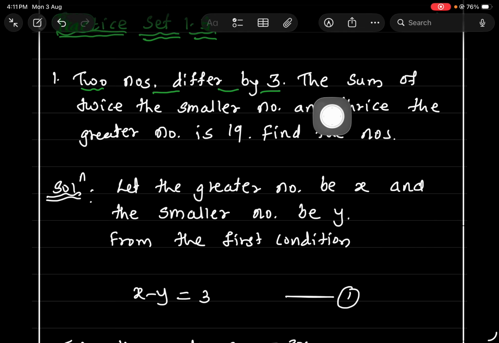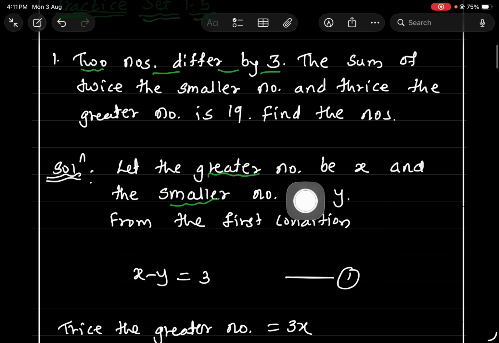The remaining part of this problem gives the second equation. The sum of twice the smaller number, y, so we make it 2y, and thrice the greater number, that means 3x, and their addition is 19.